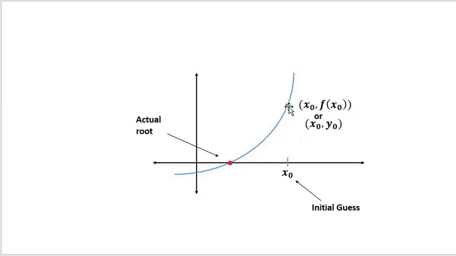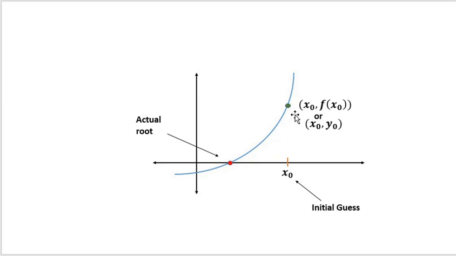I will show you an example where an initial guess x naught may have no point on the function, because this point may be out of the bound of the curve. I will give you the example, don't worry. So the coordinate is x naught, y naught, or x naught, f of x naught.